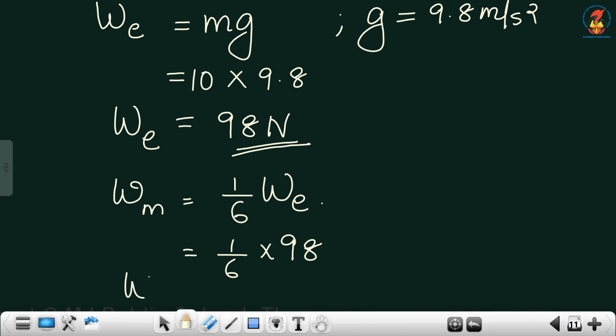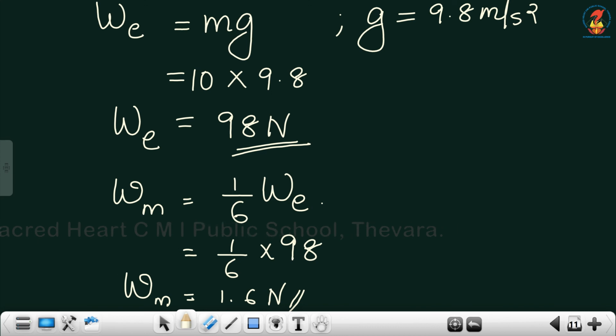On solving, you will get the weight of the object on the surface of the moon as 16 Newton. Using the equation Wm is equal to 1/6 into We, you can calculate the weight of the object on the surface of the moon, provided the weight of the object on the surface of earth is known.